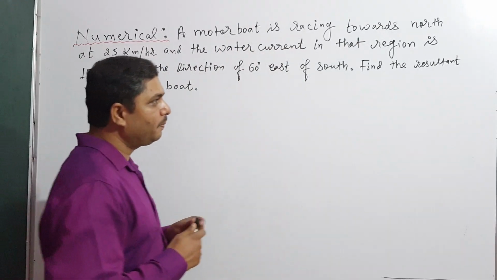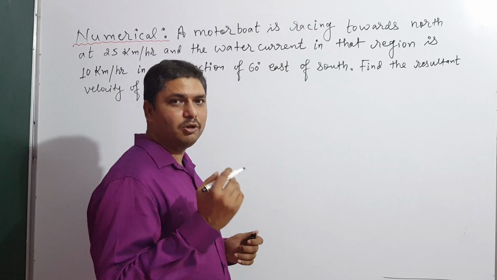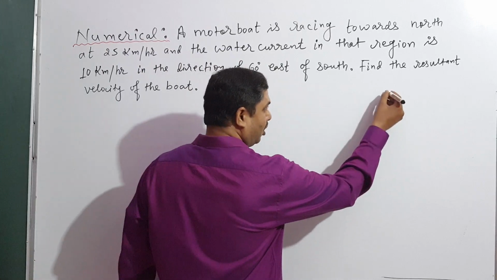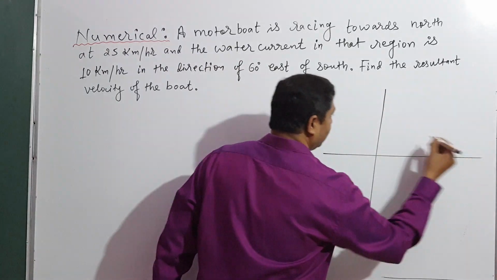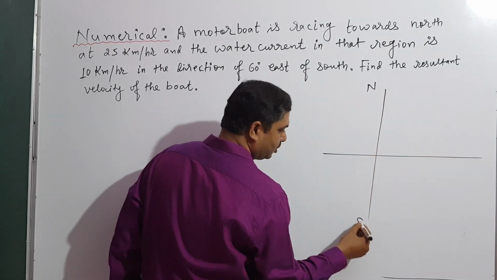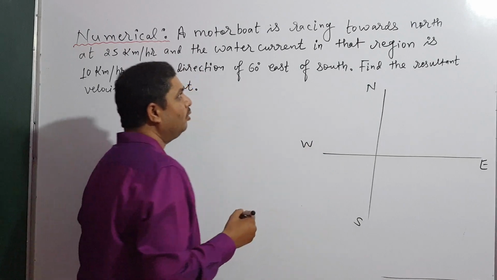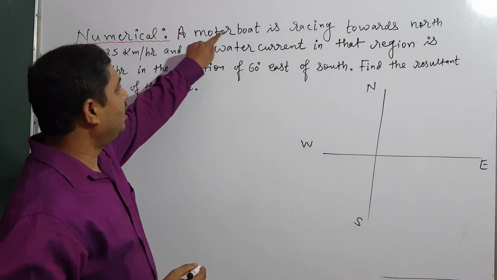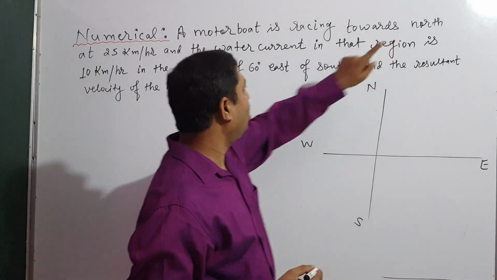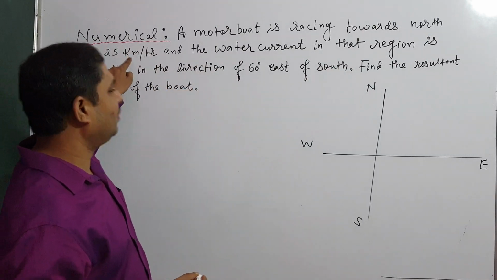Here we have to draw first of all north, south, east, west. Let us draw. This is north, south, east and west. Now the question is, a motor boat is racing towards north at 25 km per hour.